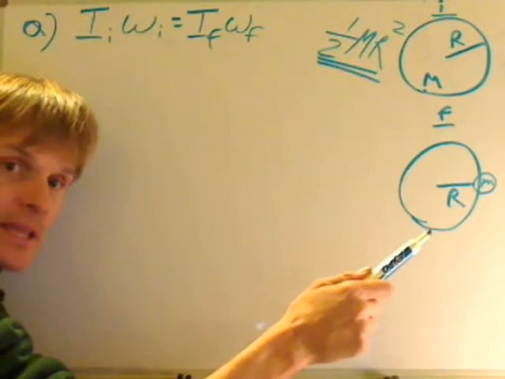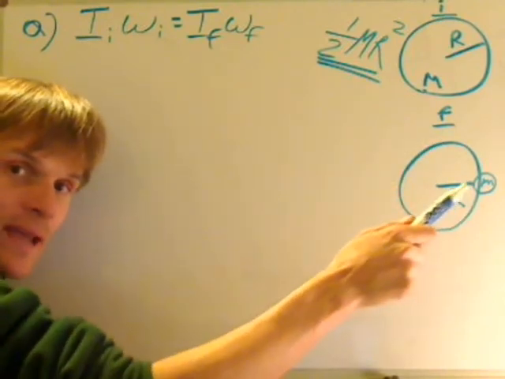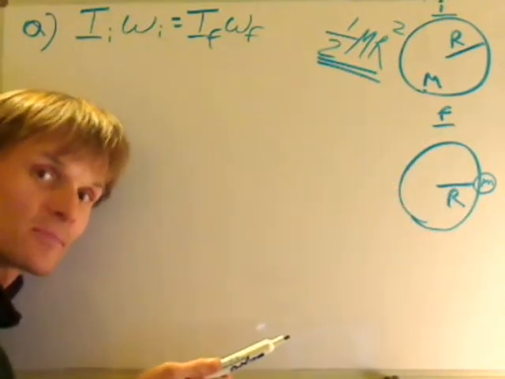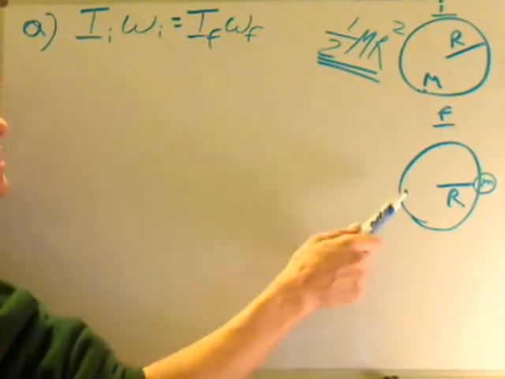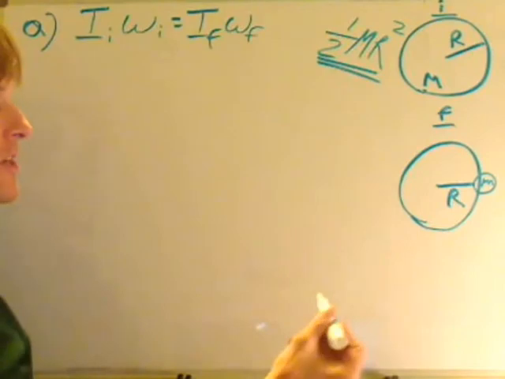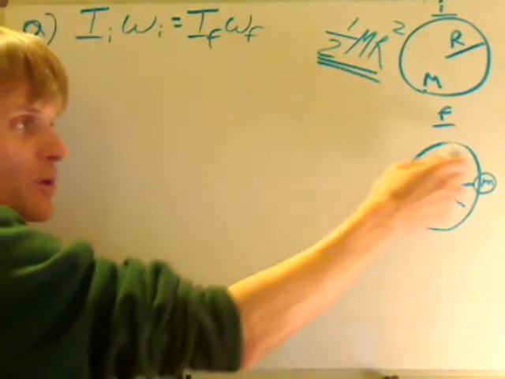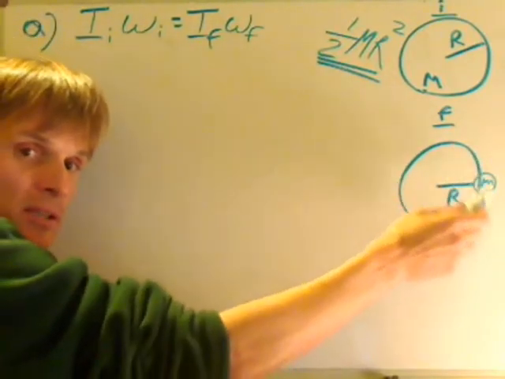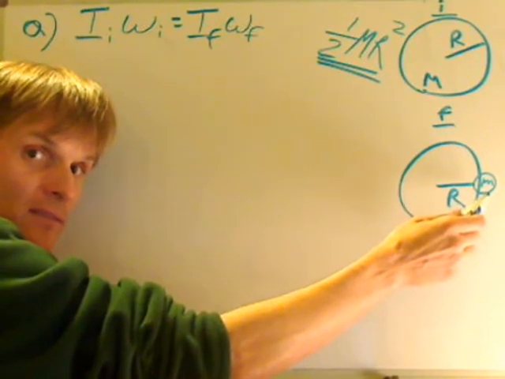Now, if we have a disk and then a point mass, let's consider our child as a point mass, so we have a disk plus a point mass. The moment of inertia is the sum of the moment of inertia of the disk plus that of the child.